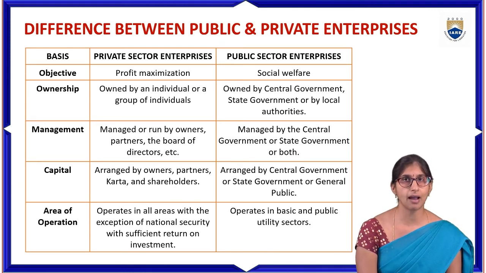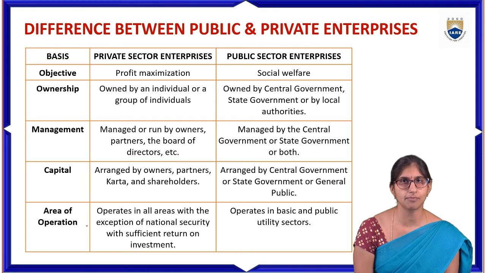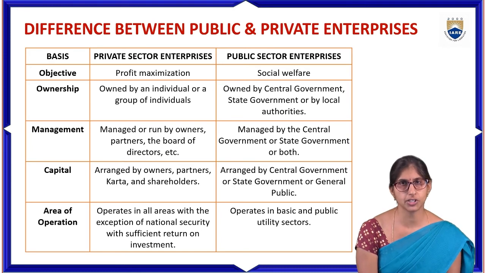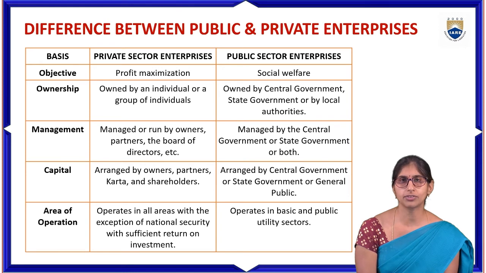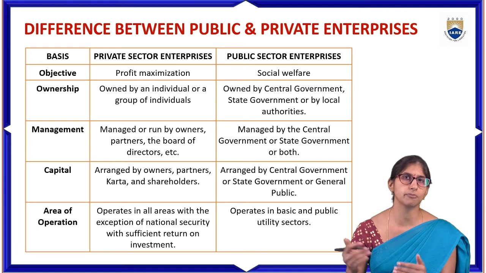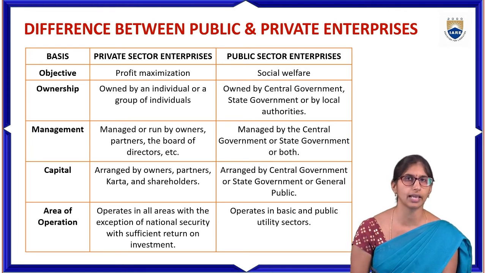And in the case of capital, who is going to contribute the capital to private limited and public limited companies? In the case of sole proprietorship, only the owner of that sole proprietorship individually contributes the capital. In the case of partnership, however many partners are engaged, those many partners contribute the capital.